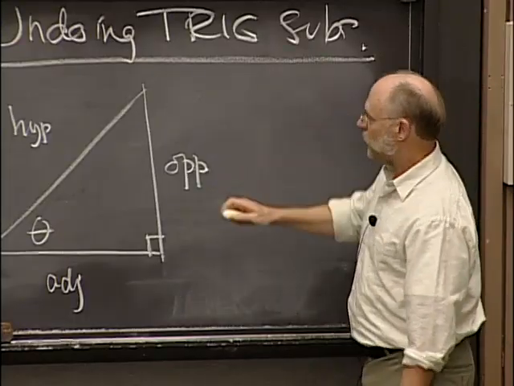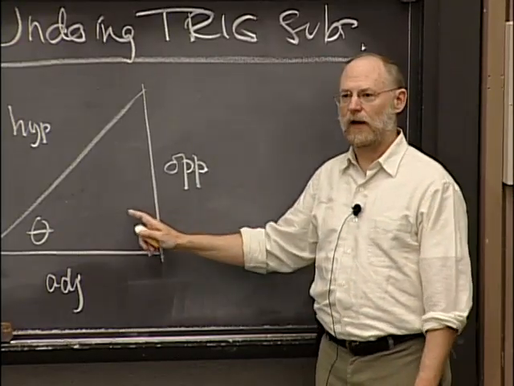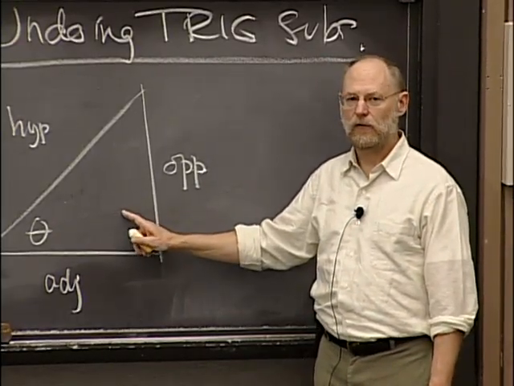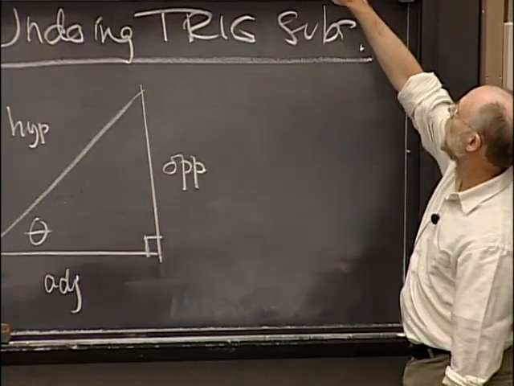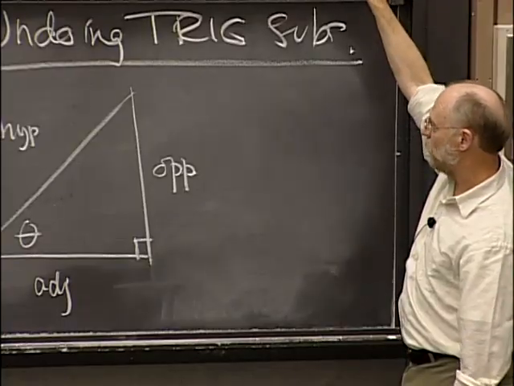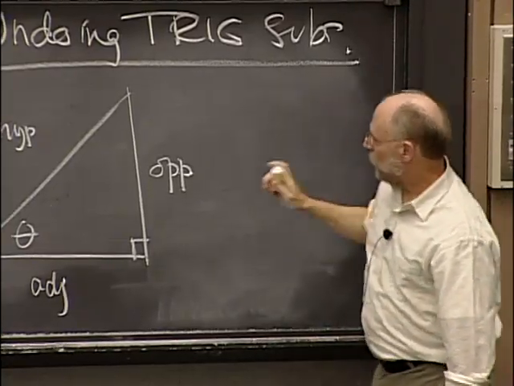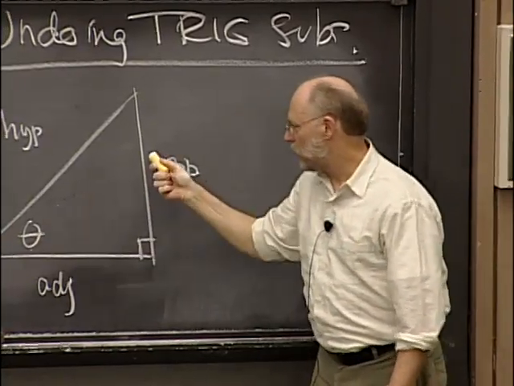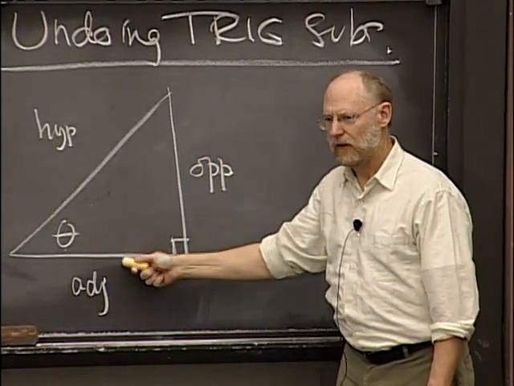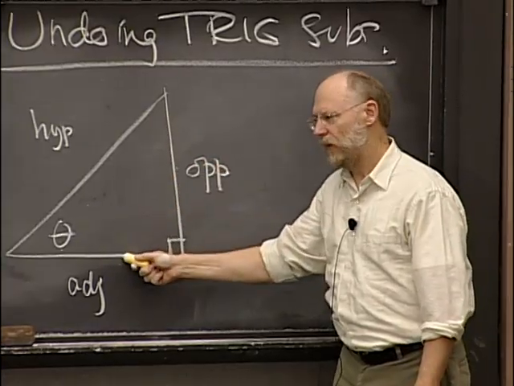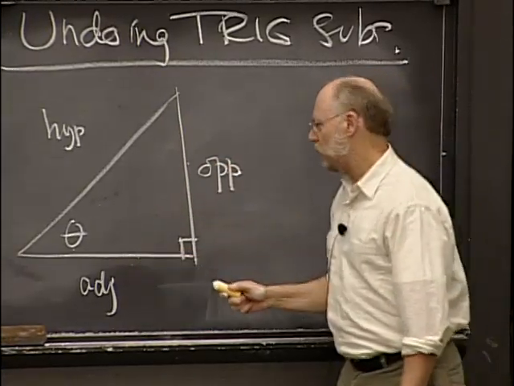Now, let's find out where x lies in this triangle. Let's try to write the sides of this triangle in terms of x. What I know is x is the tangent of theta. So the tangent of this angle is opposite divided by adjacent. Did you learn SOHCAHTOA? Okay, so opposite divided by adjacent is the tangent.